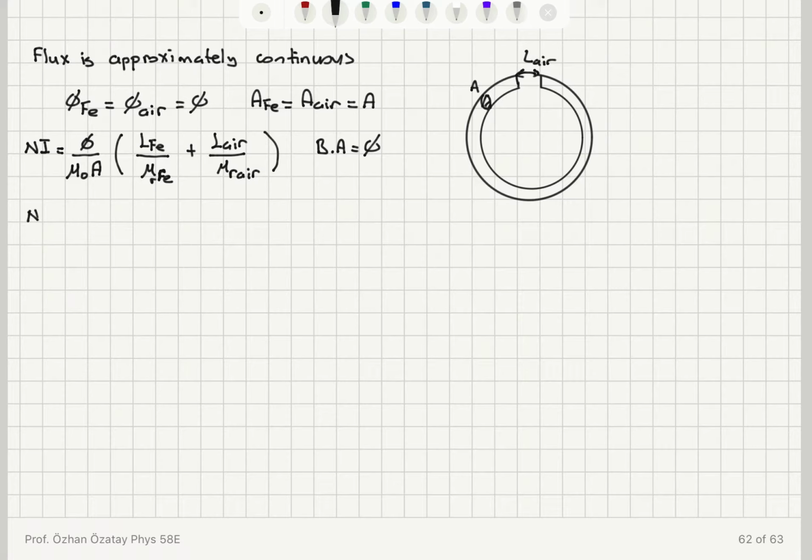So Ni is equal to B over mu 0, because the areas cancel, multiplied by length of iron divided by relative permeability of iron plus length of the air part divided by 1, because that's the relative permeability for air.